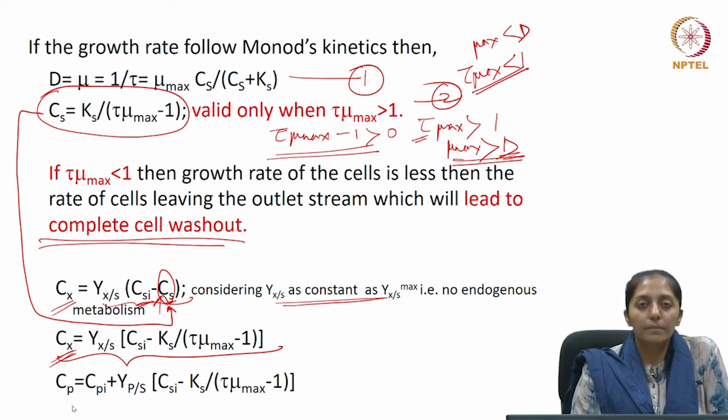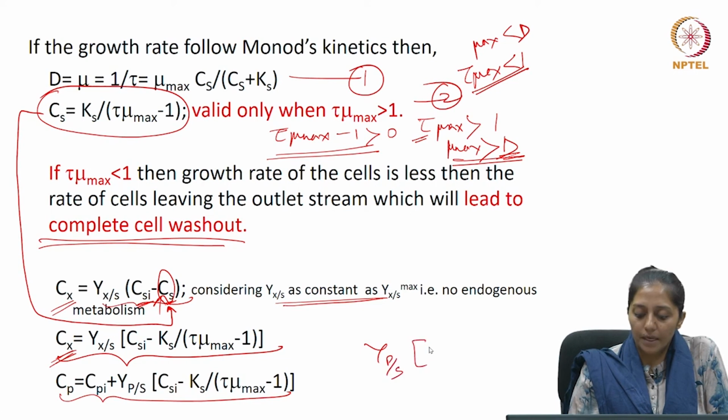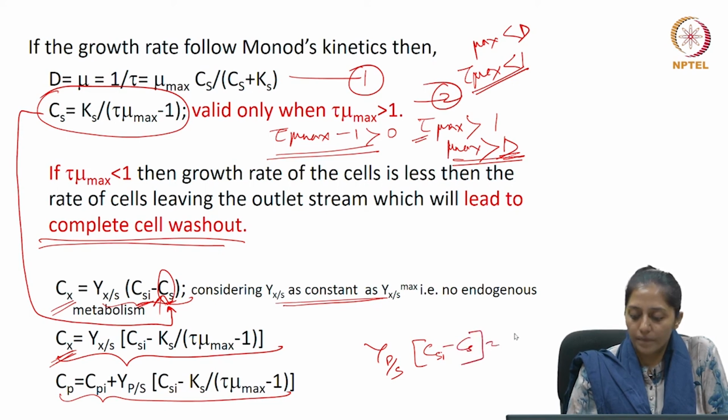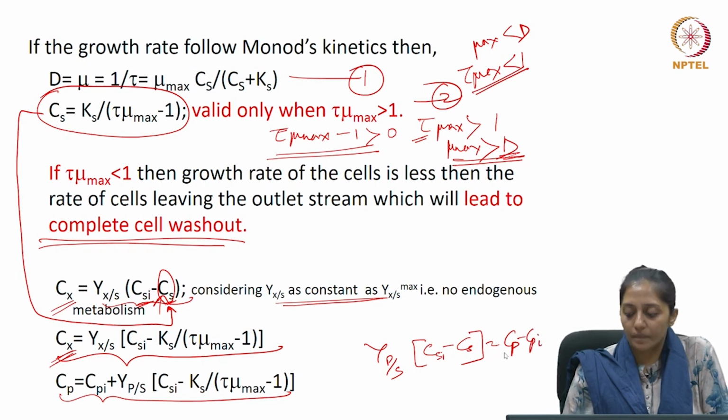Now, how to determine the steady state product concentration? Again, we will make use of the yield coefficient. Yp by S is nothing but Csi minus Cs, which equals Cp minus Cpi. Cpi is the initial product concentration, initial in the sense in the inlet stream. Now, in the inlet stream again there is no product.